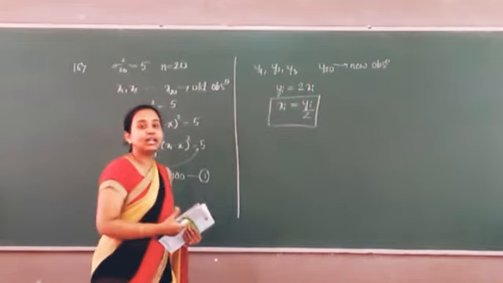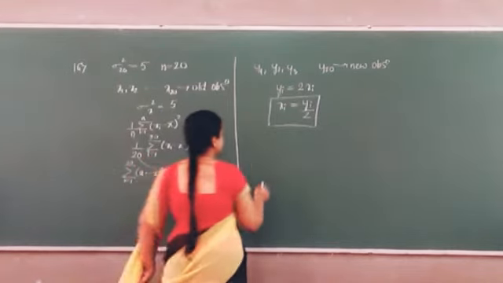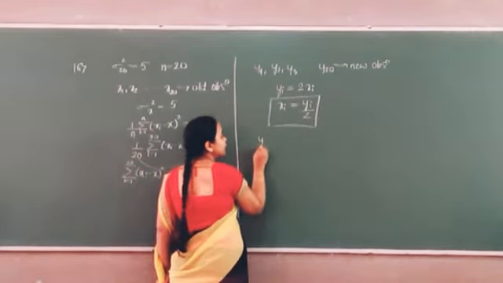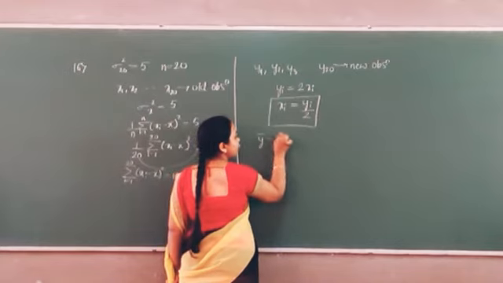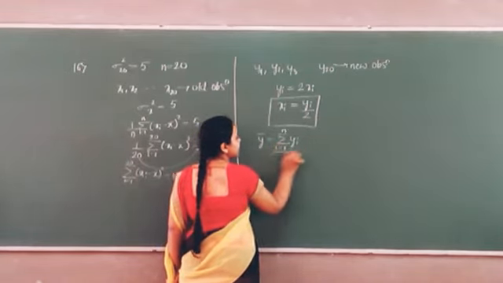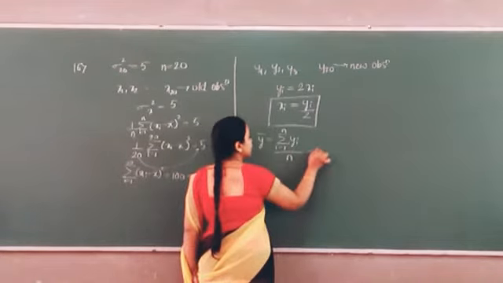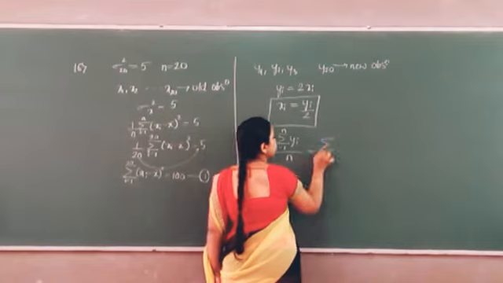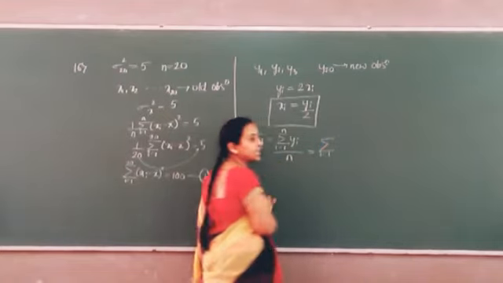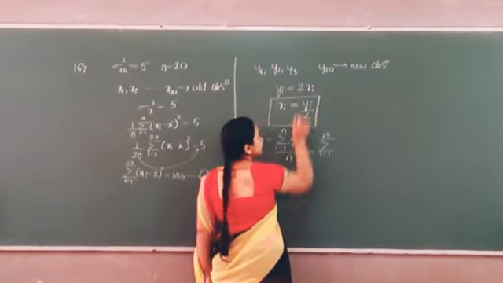Now let us calculate the mean of these yi observations. What is our mean formula? It is the sum of all the observations where i goes from 1 to n divided by the total number of observations. So it is summation where i goes from 1 to, in our case how many observations? 20. But what is yi equal to?